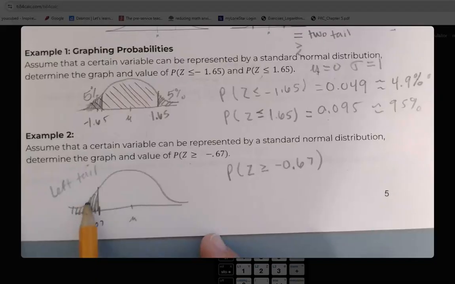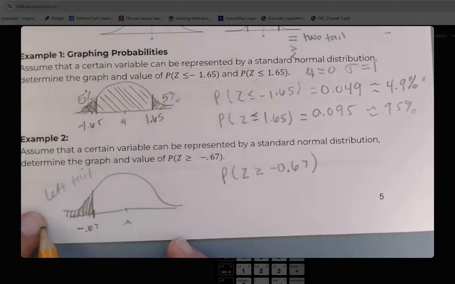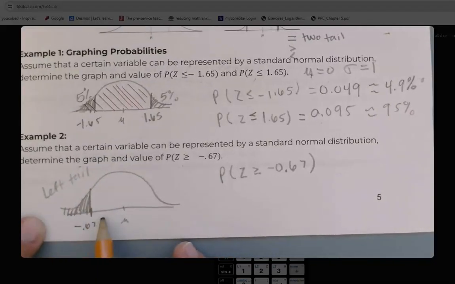So I found this side. Again, that's because it already prompts us to do the negative infinity to this.